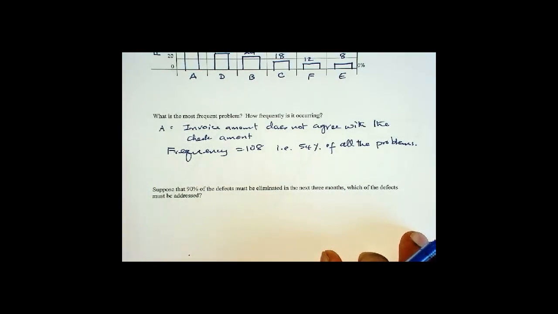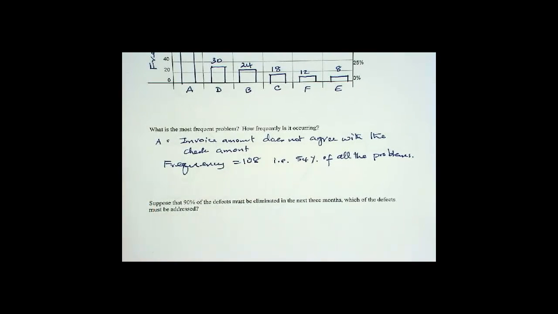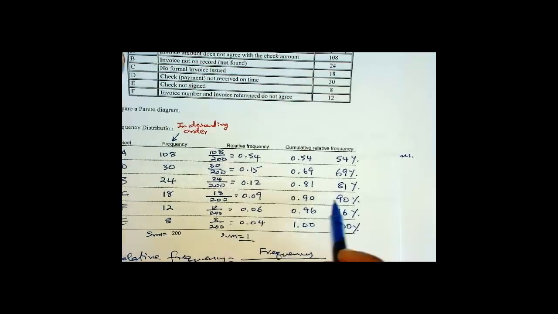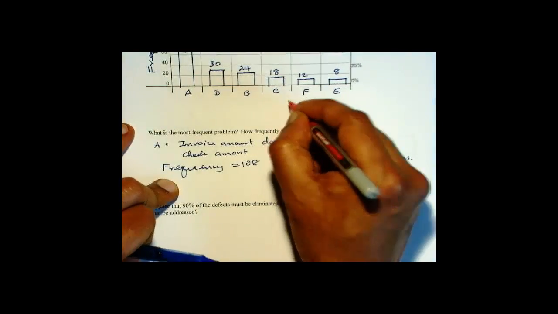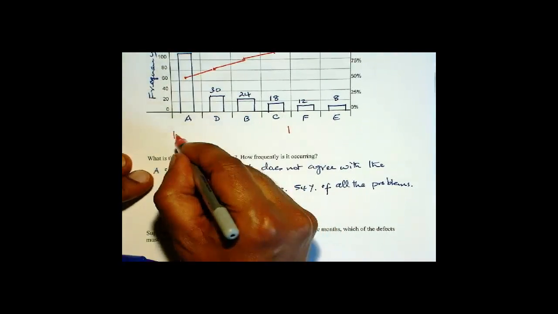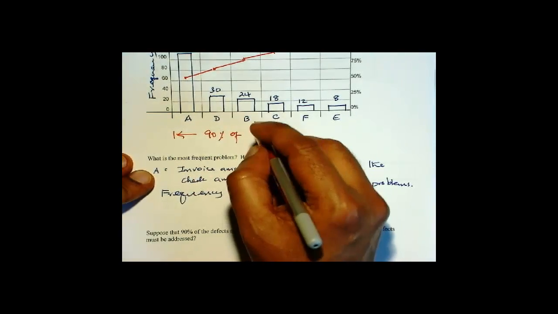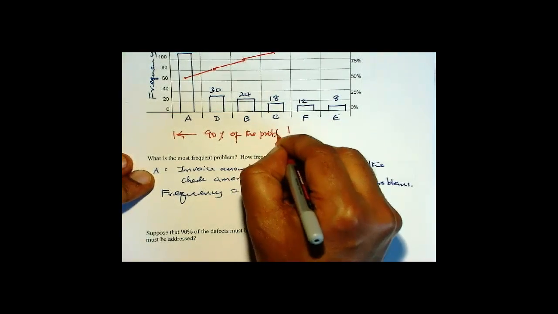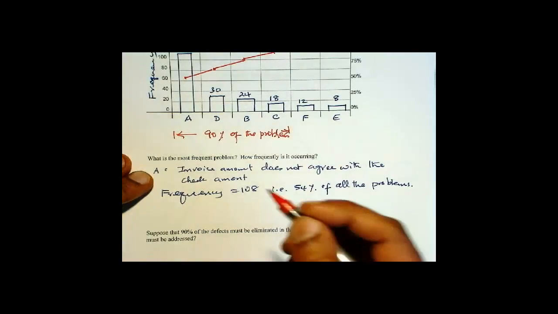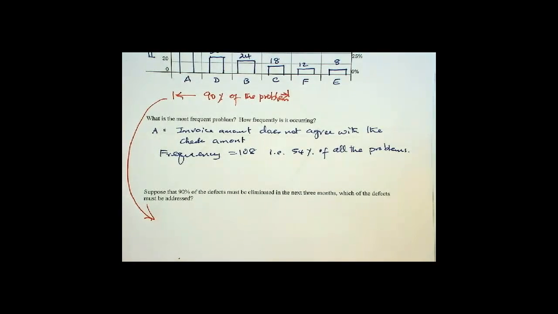So you go to 90% of the defects, and that covers up to, if you look at the cumulative frequency, up to C. So we can use that here to answer that question.